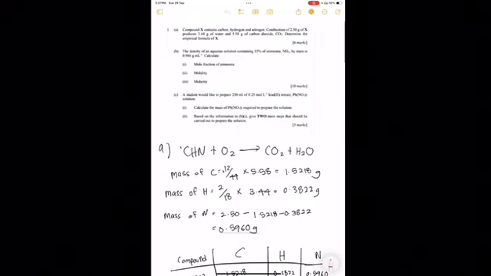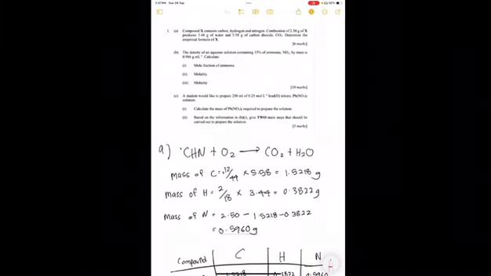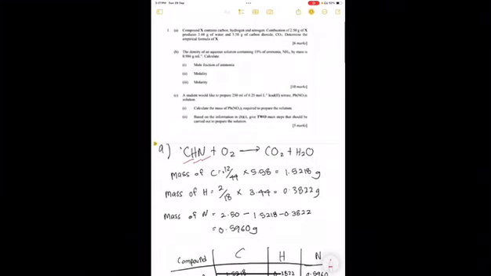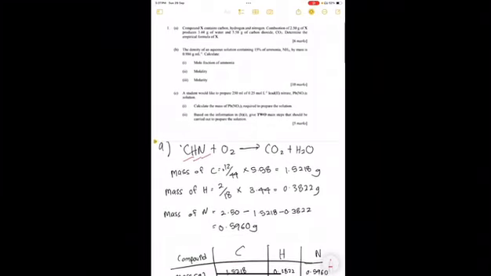Okay, so firstly, as the question said, compound X contains carbon, hydrogen and nitrogen. So usually, I will write it this way first. As we know, combustion will add O2, then the result of the combustion is CO2 and H2O.